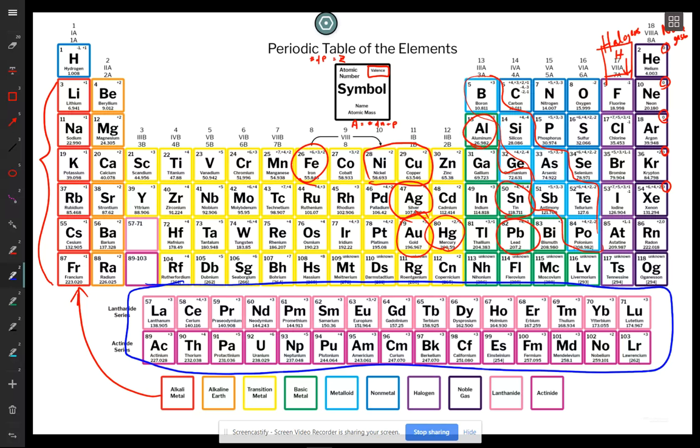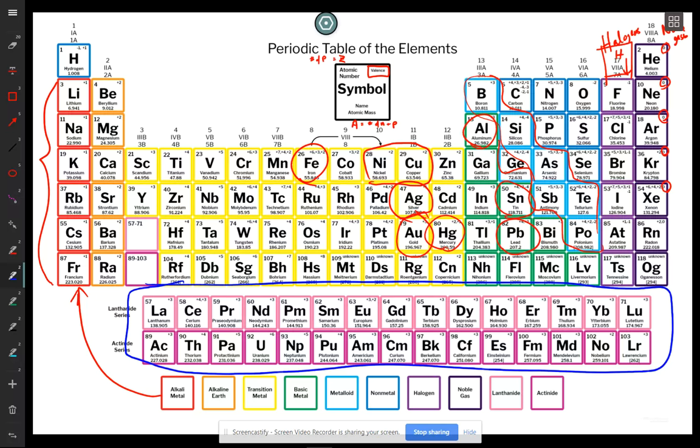Okay, so there's 15 listed here. But you have an additional 14 that are added on. And so all of this from lanthanum 57 to, I don't know how to pronounce it, I'm going to go with lutetium 71, all of those should come after barium and before hafnium.